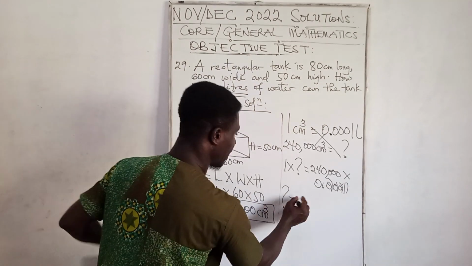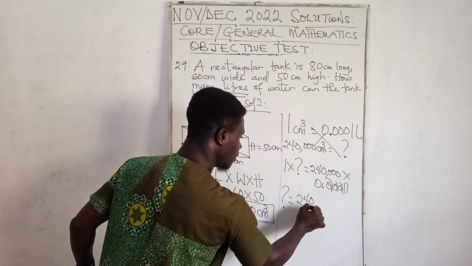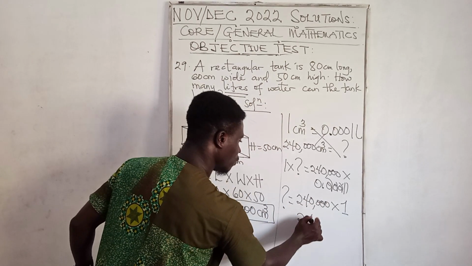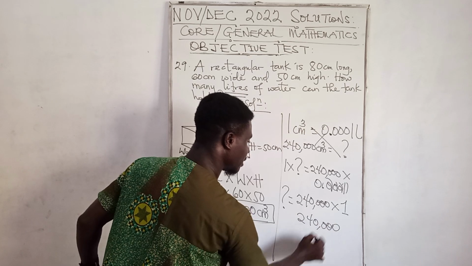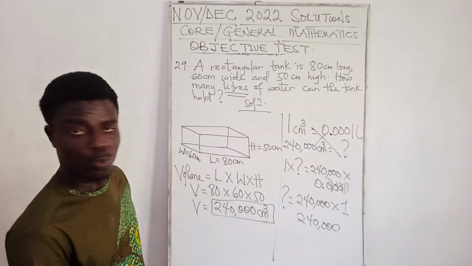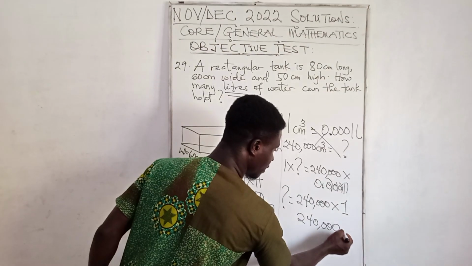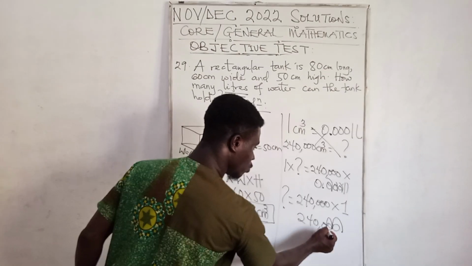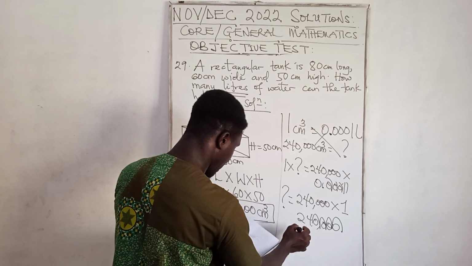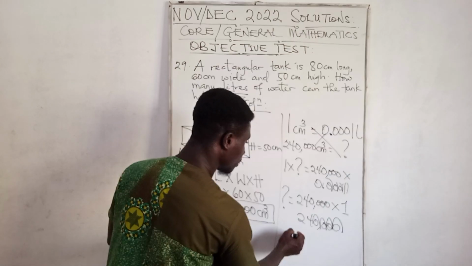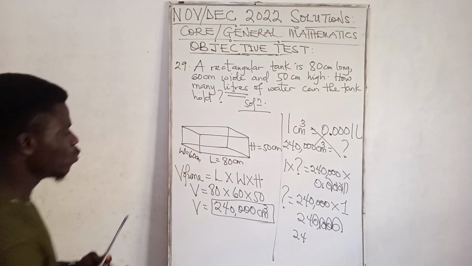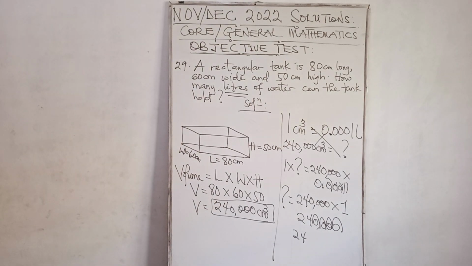So 240,000 by 1, when you multiply, you get 240,000. But don't forget our number of decimal places removed. So we have to bring it back.